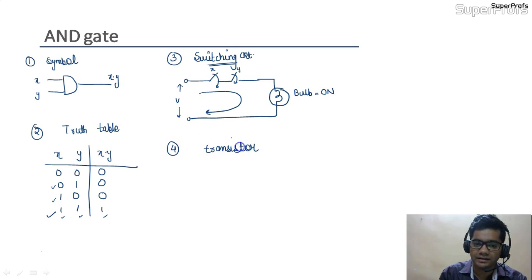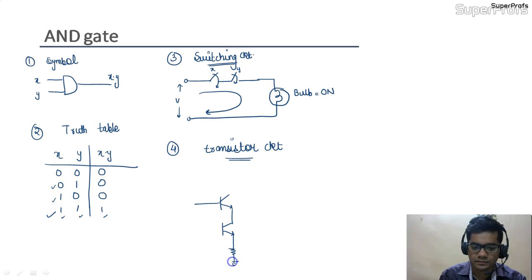for the AND gate. Okay, students, so first we are going to draw two transistors. This is one transistor, and another transistor would be this. This is ground, this is base, two bases for the two transistors, as input X for one transistor and input Y for another transistor.